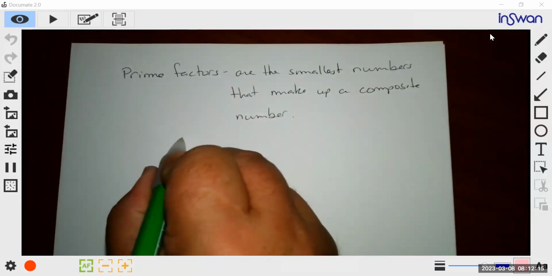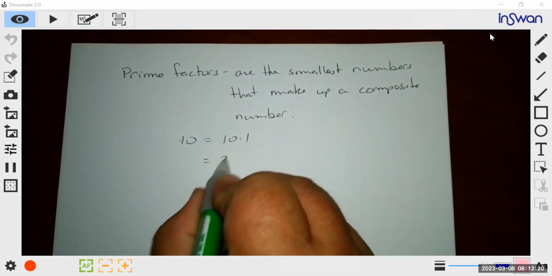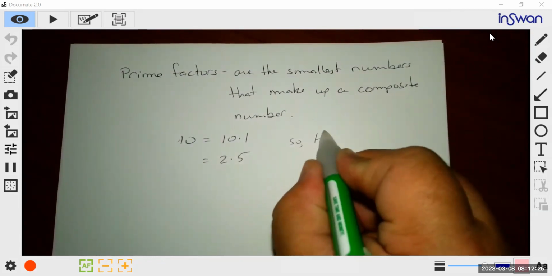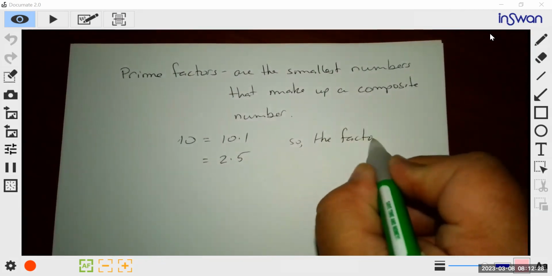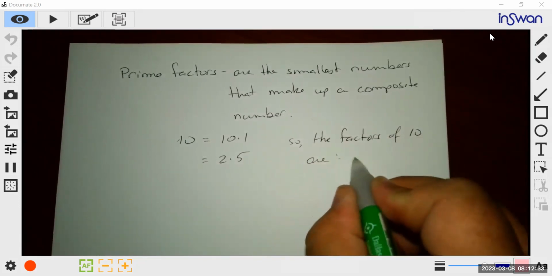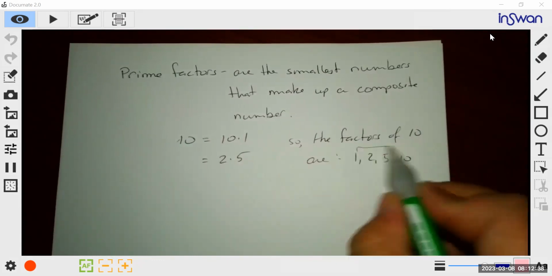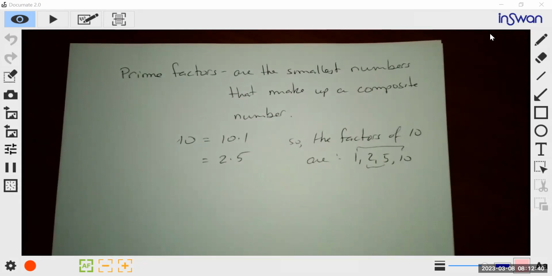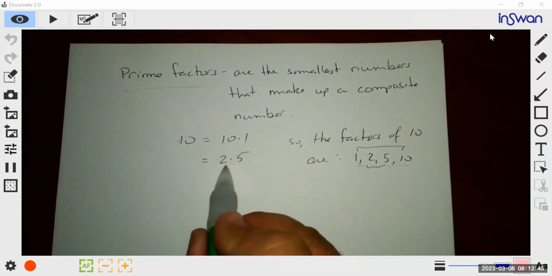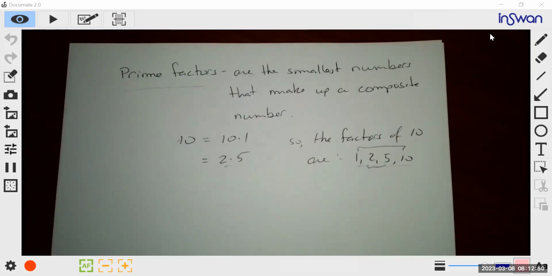Again, 10 is made up of 10 times 1, also made up of 2 times 5. So the factors of 10 are 1, 2, 5, and 10. Because 1 times 10, 2 times 5 equals 10. So those are the prime factors. Take them down to their smallest numbers, because if you take them down as far as you can, you'll end up with prime numbers.